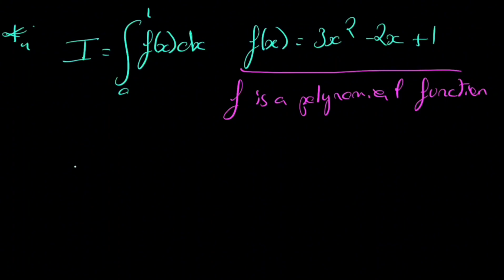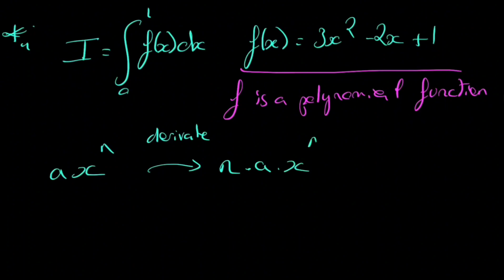So let's remember a little bit about the derivatives. If I've got a function a times x to the n power and I derive it, it is equal to n times a times x to the n minus 1. So we want to do the inverse operation, which is called integration.